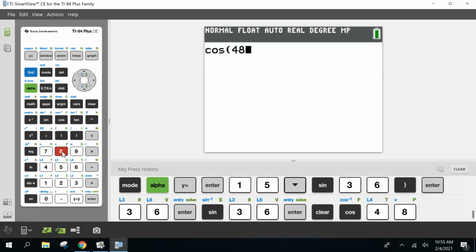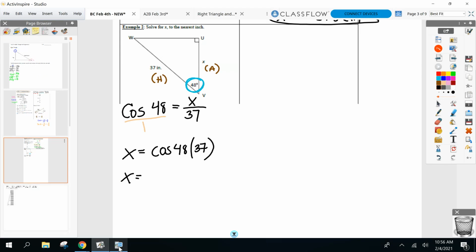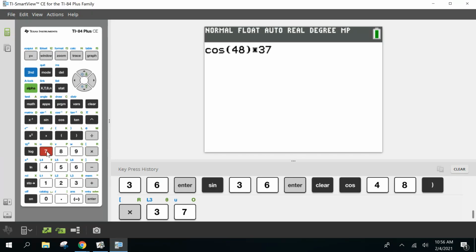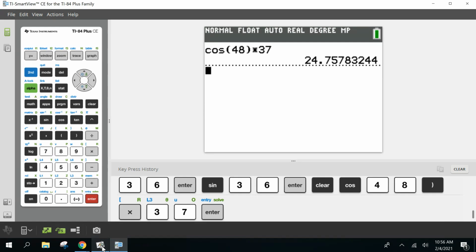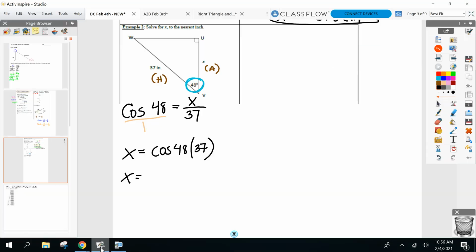Cosine 48. Please close your parenthesis. Times 37. Look at the rounding directions. Nearest inch. So I got to round to the nearest whole number, 25 inches.